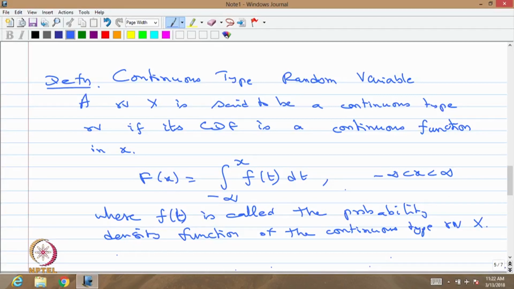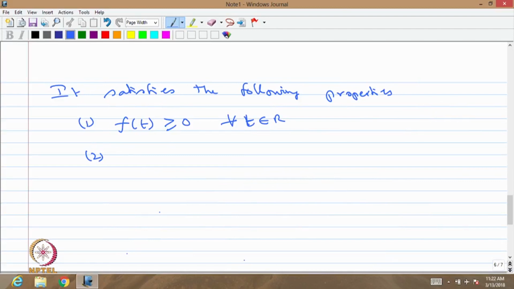From there you get the second property, that is, the integral from minus infinity to infinity of f of t dt is 1. That means a real valued function satisfying these two properties will be the probability density function of some continuous type random variable.